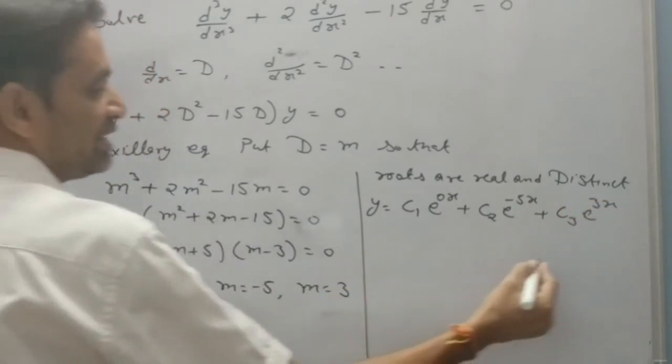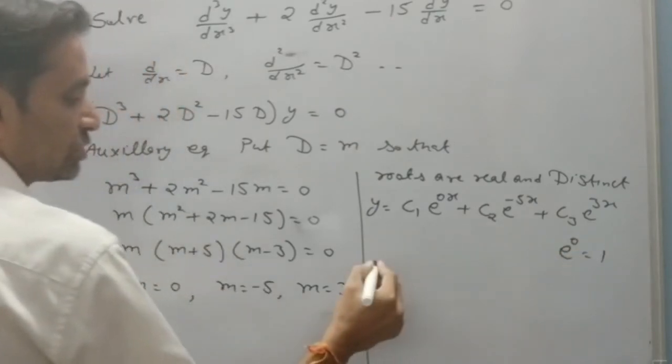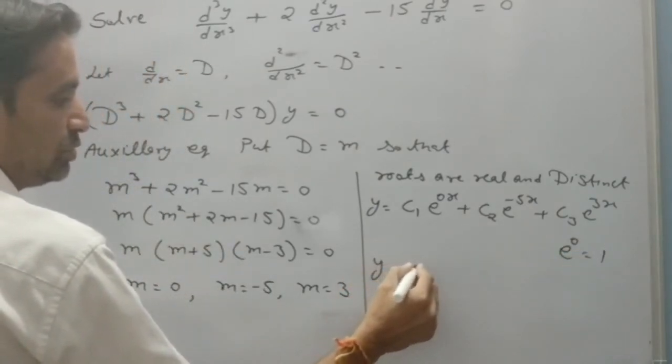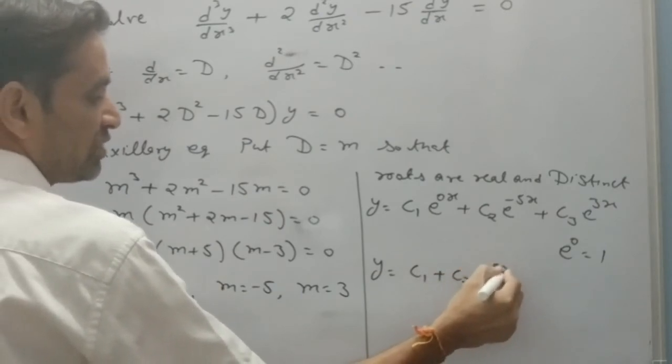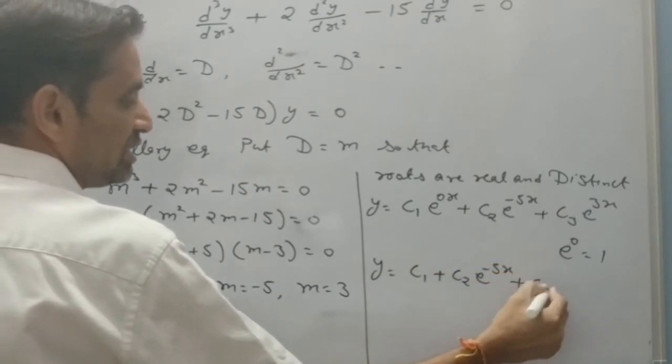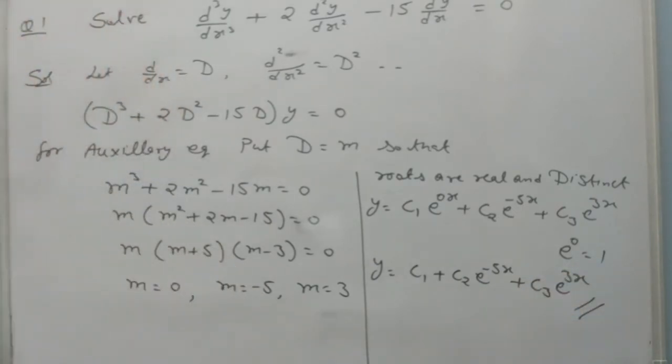We know that e to the power 0 is always equal to 1, so y will equal c1 plus c2 e to the power minus 5x plus c3 e to the power 3x. This is the required solution of the given differential equation.